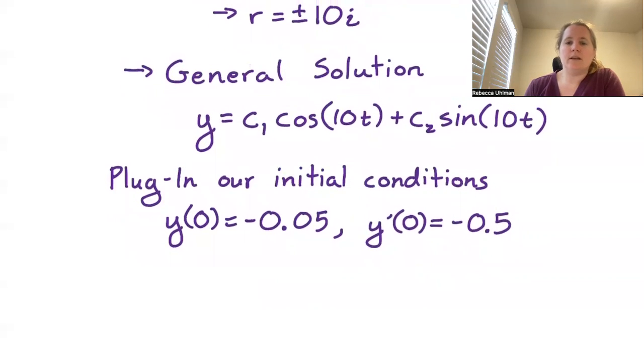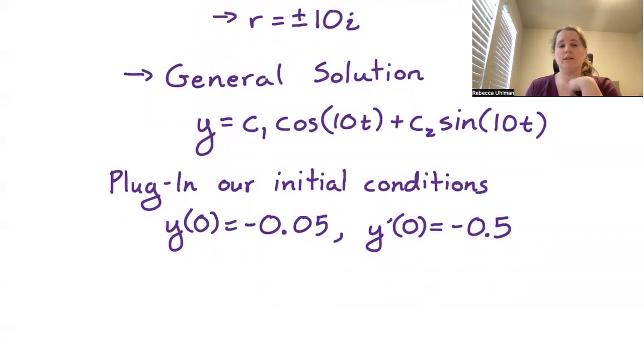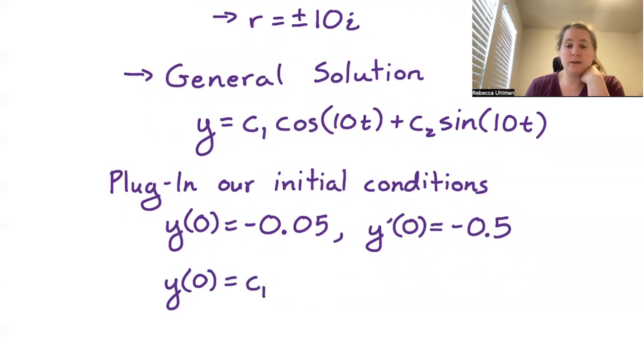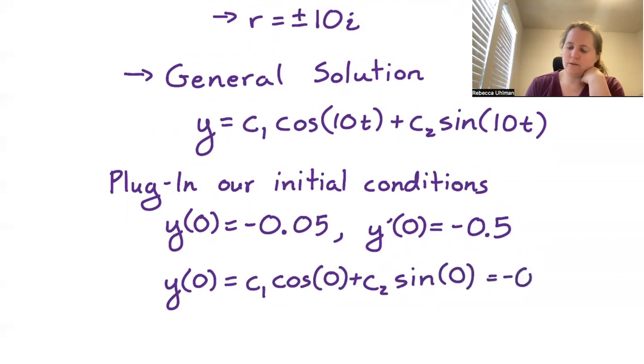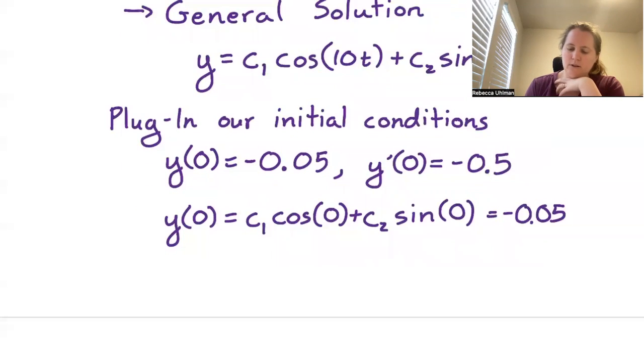If we plug in just that first condition, y of 0 would be C1 times cosine of 0 plus C2 times sine of 0, and this should equal negative 0.05. So we have C1 is equal to negative 0.05.